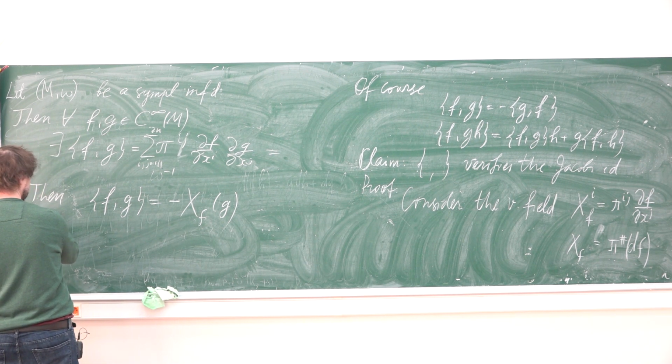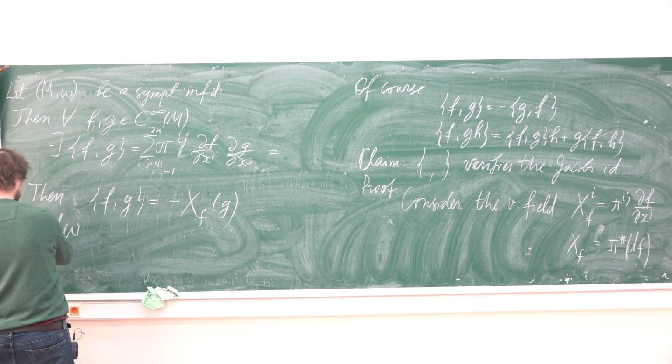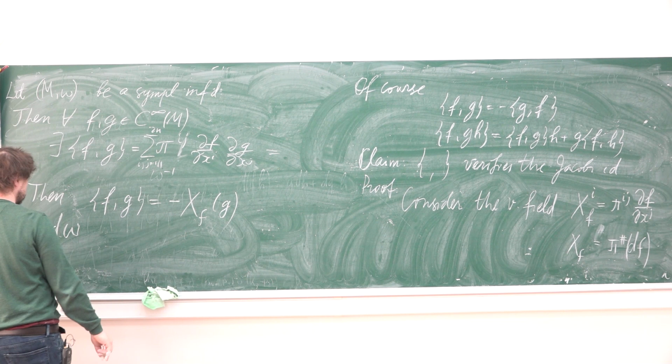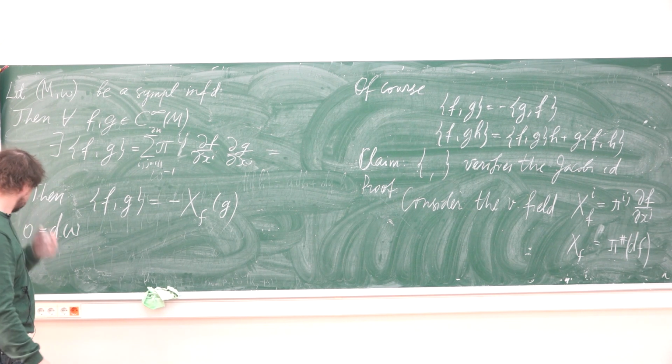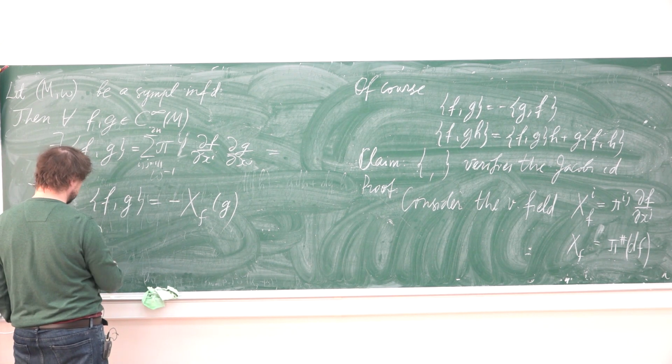Now, if we take the differential form omega, then by definition, it's closed, the de Rham differential is equal to 0, right? Hence, we have the following formula.